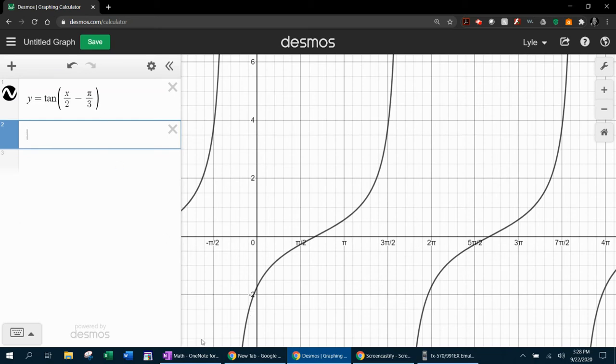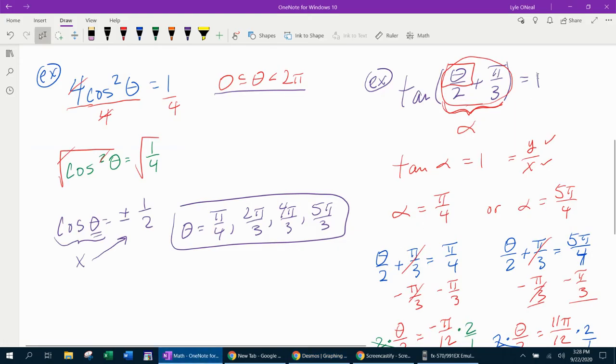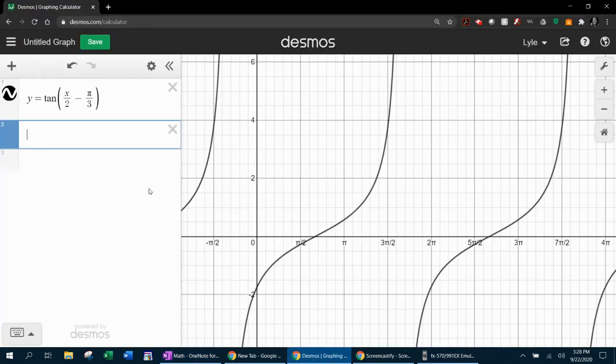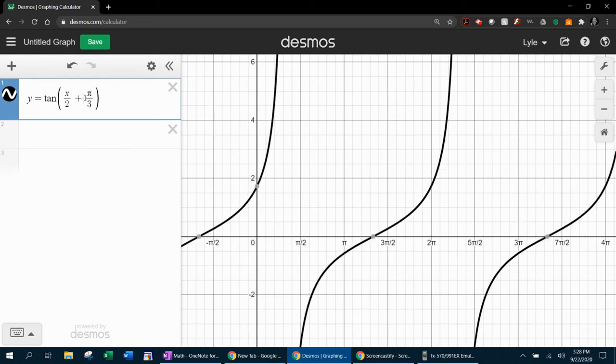And then the other side of the equation was 1. Oh, and that's plus. That was a plus pi over 3. All right, let me fix that. People are probably screaming about that. So plus pi over 3. And then the other equation is 1.